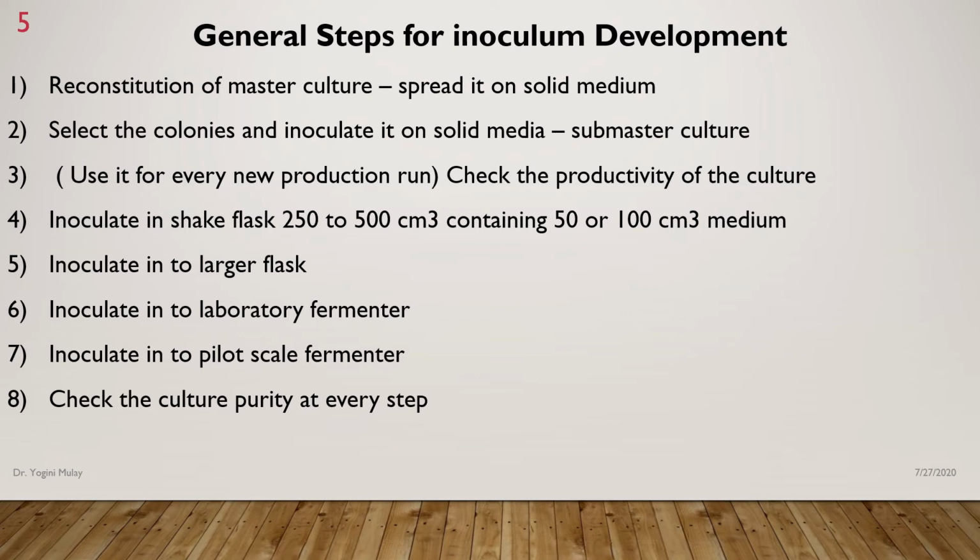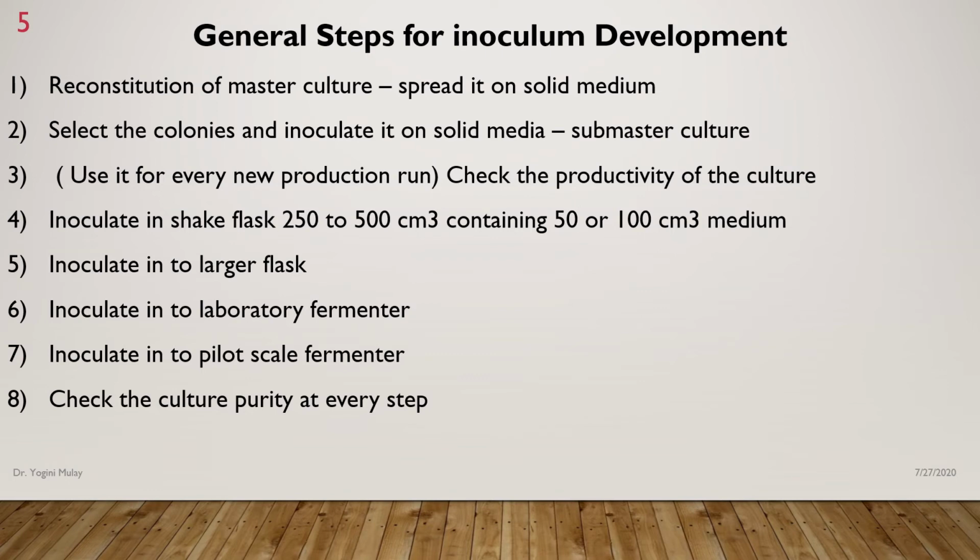But before that, you must check the productivity of the selected culture. Check the potential of this culture, whether it really has that potential to produce the product in which we are interested.